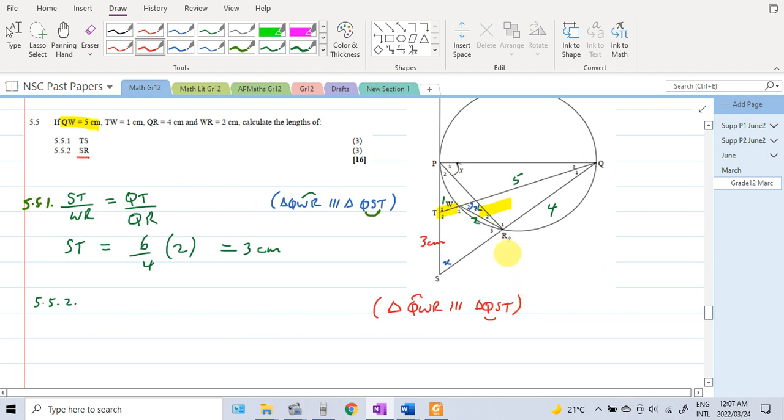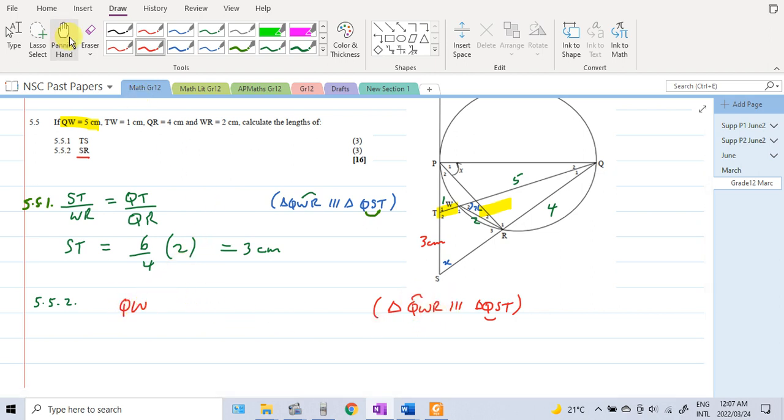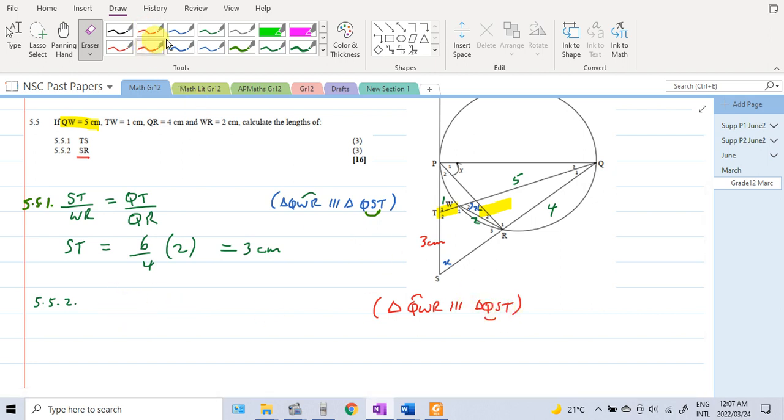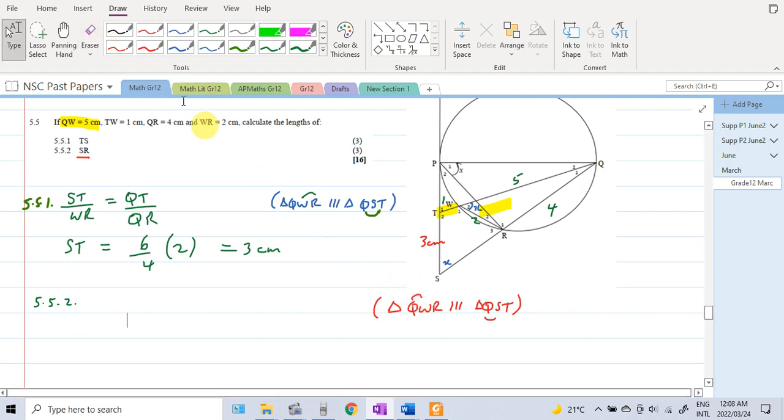Now when you're writing down QS, our unknown is QS. Yes, so we need two different ratios. So remember, the unknown is QS, we're given all that, so taking these two ratios here.